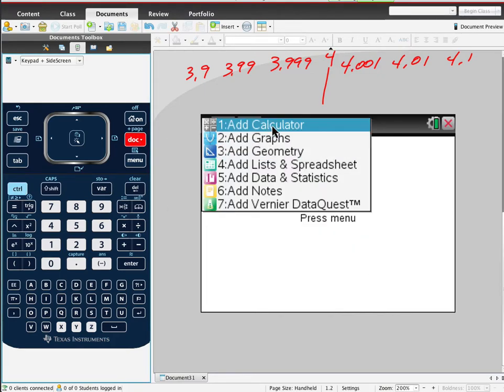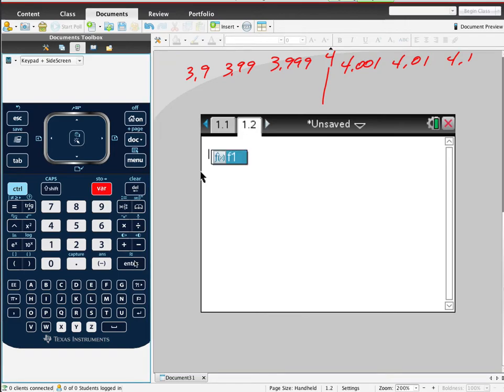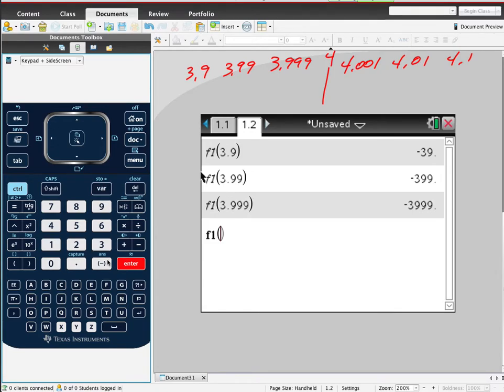Control doc, calculator, variable, enter, 3.9, and so on.